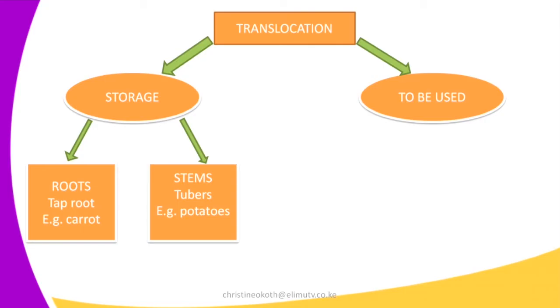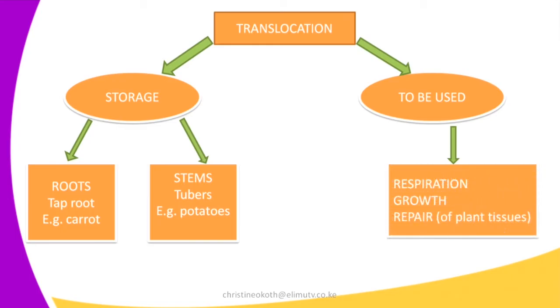Another reason why translocation is very important is that the material can be used in different ways. That organic substance which has been made, like for example the sugars, can be used for respiration, that is the breaking down of material to release energy by the use of oxygen. Then they can also be used for growth. The material is not only stored, but it can also be used for the growth of that specific plant.